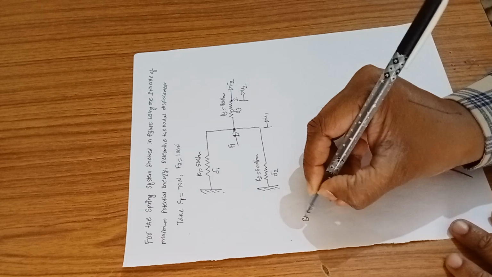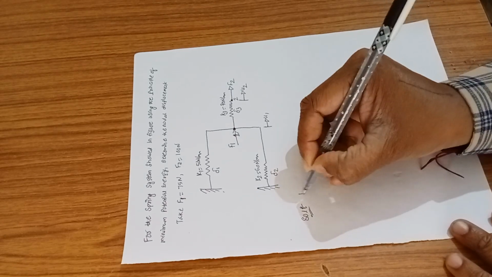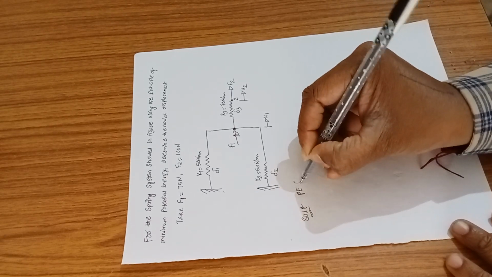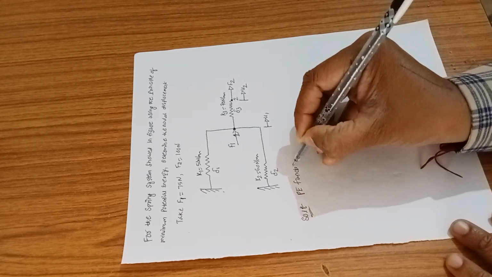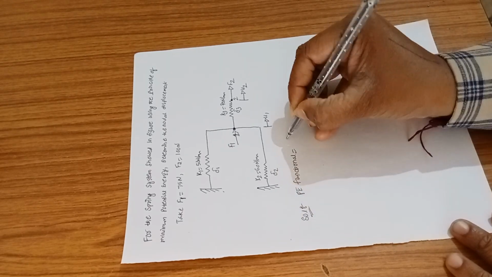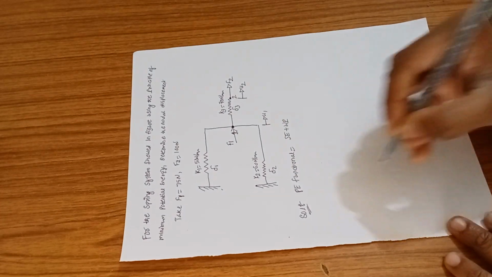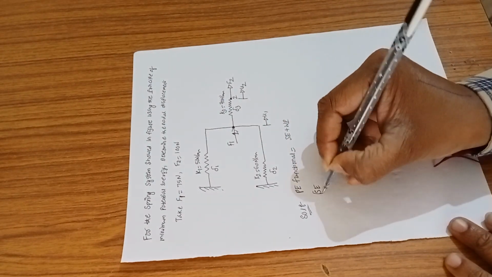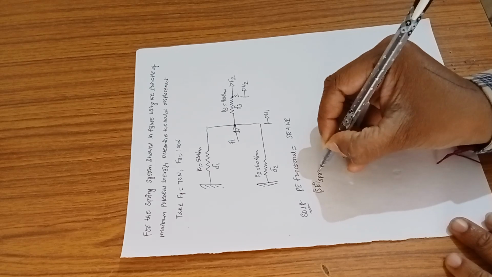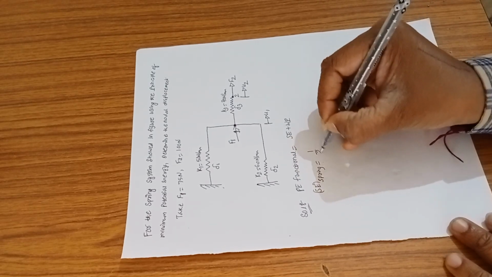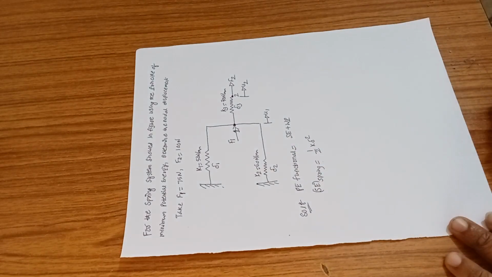So the solution for this problem is the potential energy functional, PE, which is given by strain energy SE plus work potential WP. Strain energy for every spring problem is given by half K delta square, where K is the stiffness and delta is the deflection.